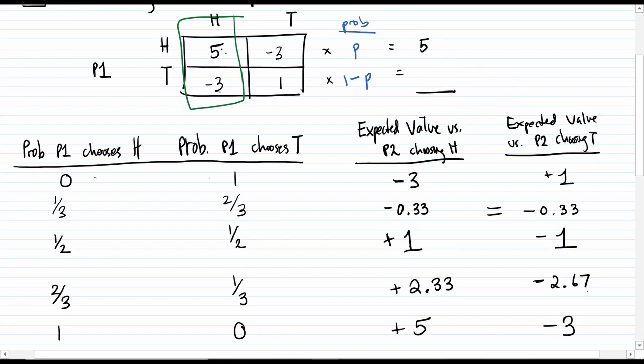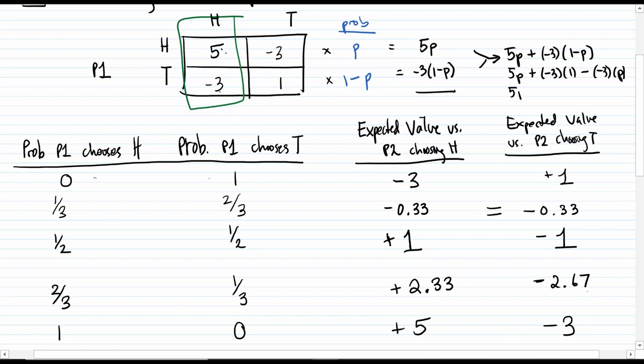Up top, I have 5 times p. In the second row, I have negative 3 times 1 minus p. Now I want to add those two up. I'm going to get 5p plus negative 3 times 1 minus p. And now I can distribute and simplify. I'll get 5p plus negative 3 times 1 minus negative 3 times p.